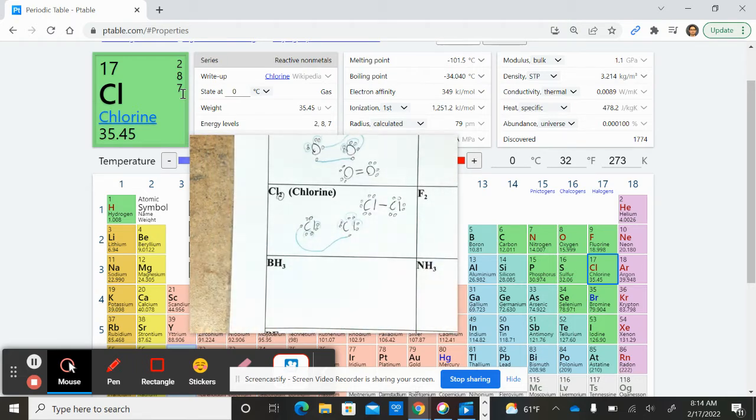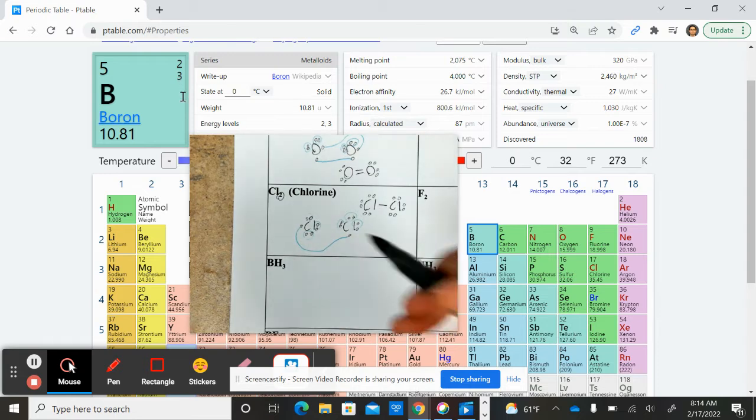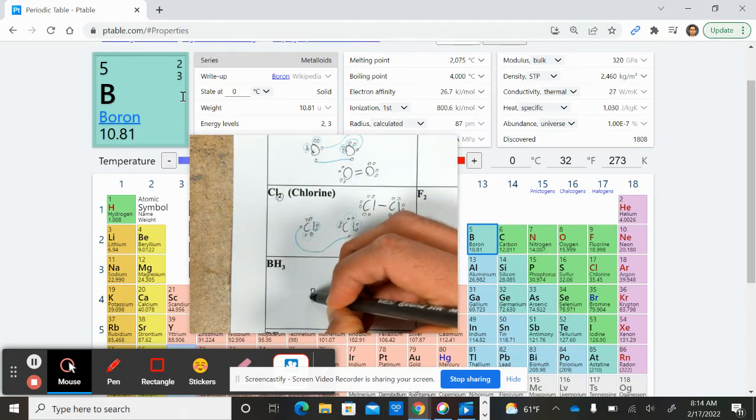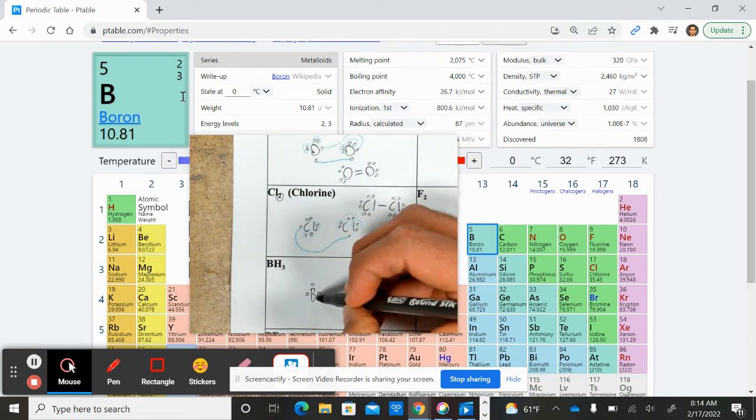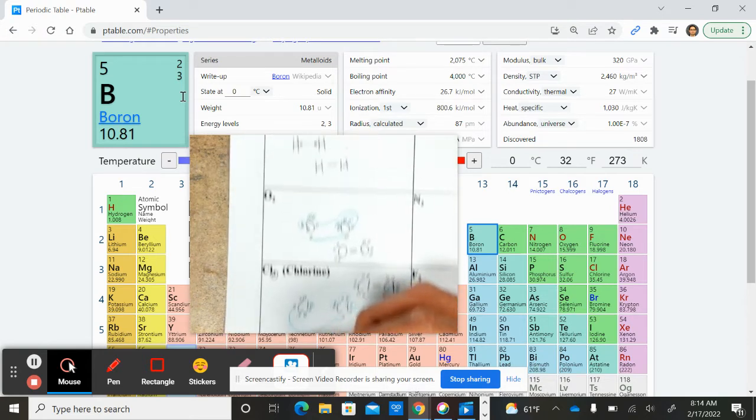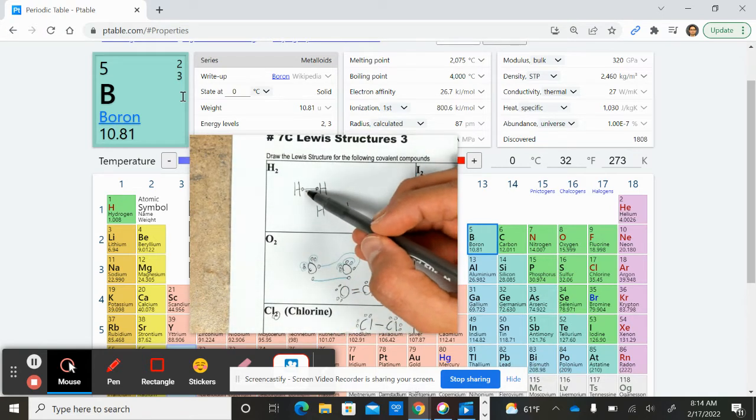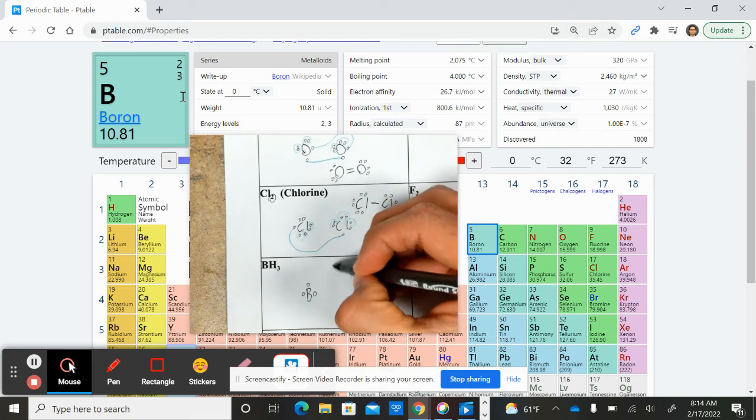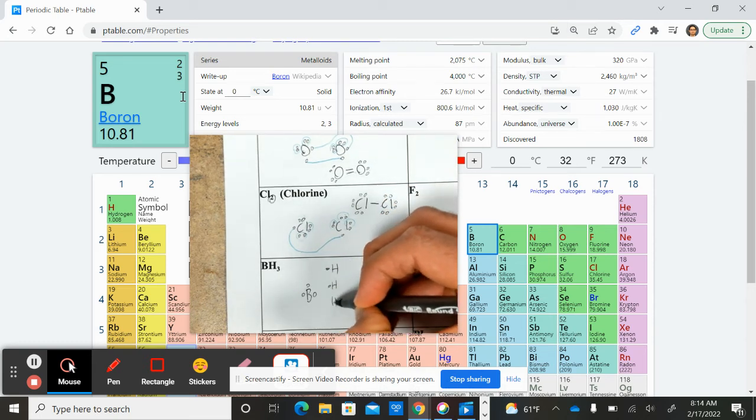Let's try BH3. So boron is right here on column 13, so it will have a valence shell of 3. Notice there it is, the valence shell of 3. And I'm using ptable.com. So I draw boron, 1, 2, 3, all single electrons. Hydrogen, if we recall, only has one valence electron. So I draw 1, 2, and 3.